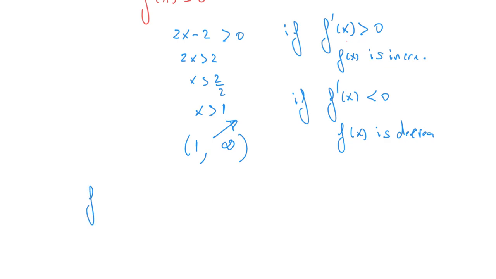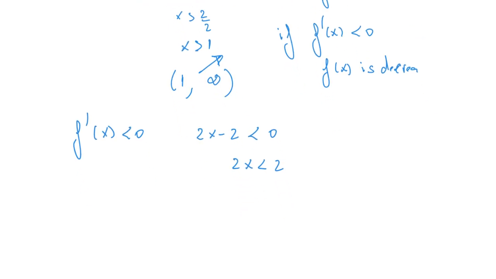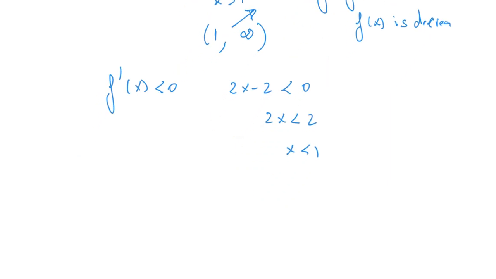The function is decreasing if f prime of x is negative, and f prime of x is negative when 2x minus 2 is less than 0, when 2x is smaller than 2, or when x is smaller than 1. As a conclusion, on the interval (1, infinity), the function is increasing, and on the interval (minus infinity, 1), the function is decreasing.